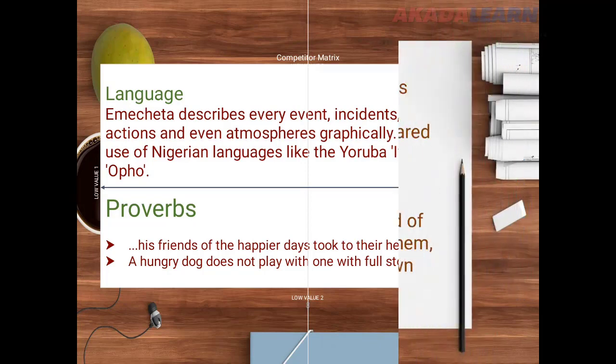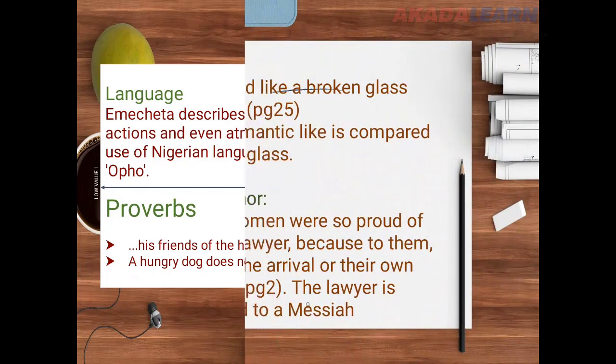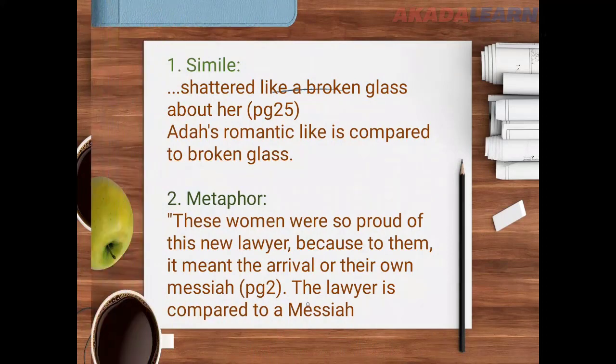Another style of Buchi Emecheta's writing is the use of simile. "Shattered like a broken glass about her." Here in the book, Ada's romantic life is compared to broken glass. When a glass is broken, can it be fixed? No, it can't. So obviously, her romantic life couldn't be fixed. Another figure of speech is metaphor.